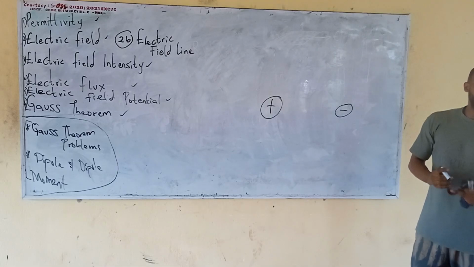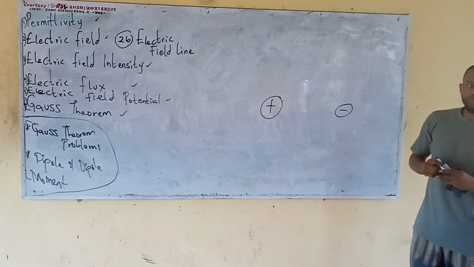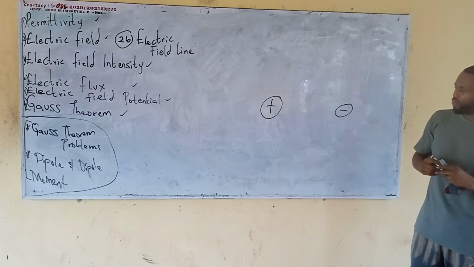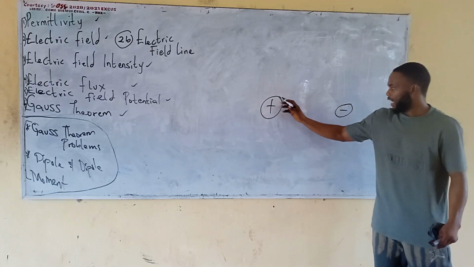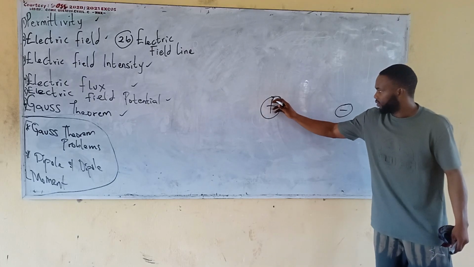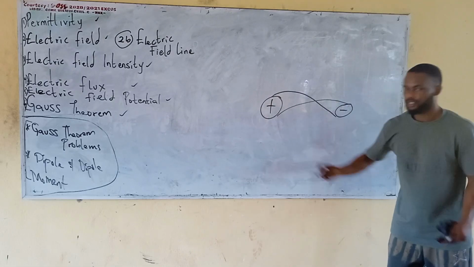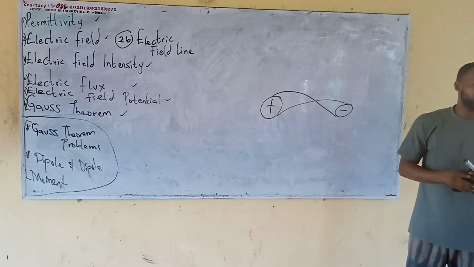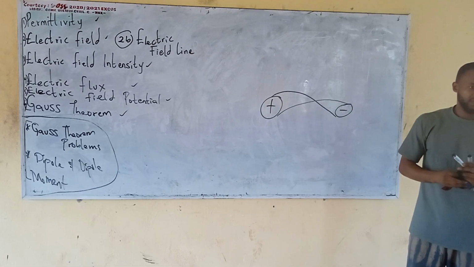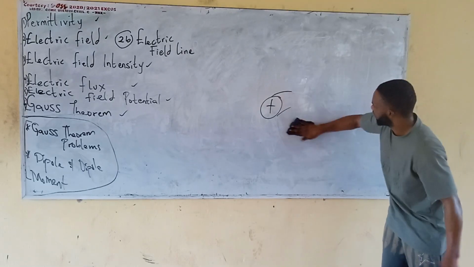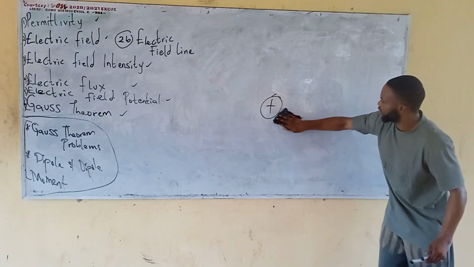We are saying that there is a rule that you must obey, and that rule is simply that I cannot have, for example, this thing like this. Electric field line does not intersect. First rule, the very important first rule, it does not intersect.